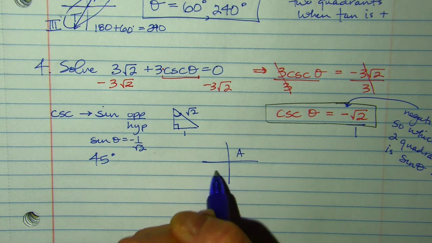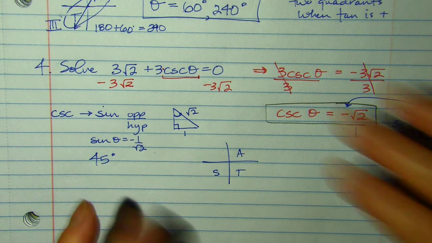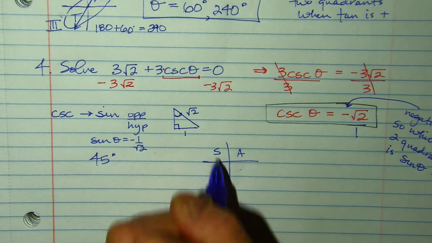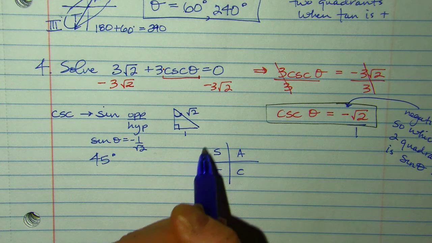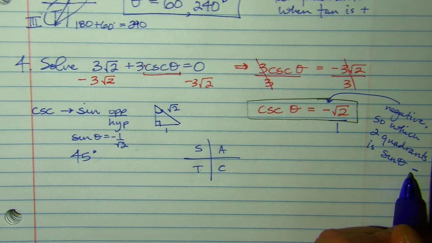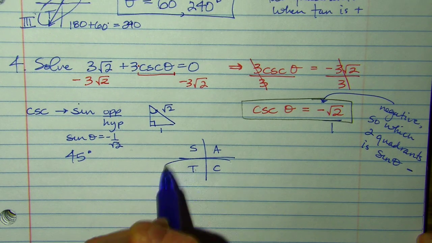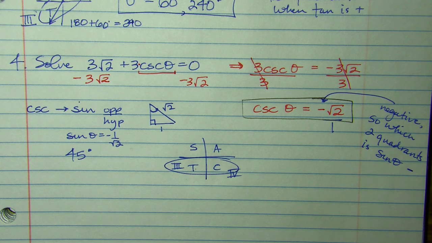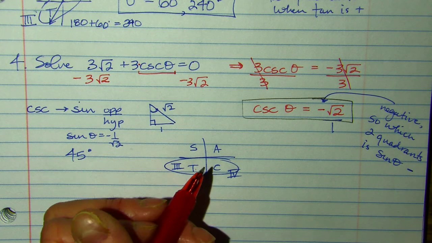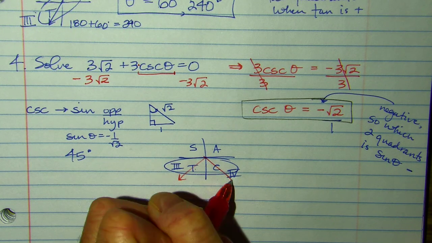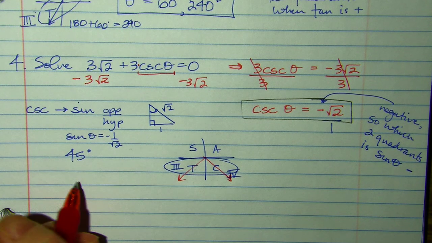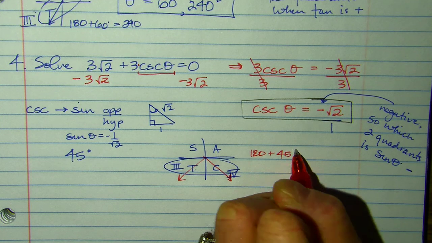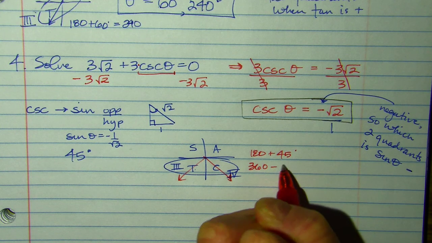Well, all students take, did you notice how I skipped over a quadrant? All students take calculus. Sine is positive here. I need the quadrants where it's negative. So I'm looking at quadrant 3 and quadrant 4. You don't have to label them like that. So 45 would be here. So it would be 180 plus 45 and 360 minus 45.